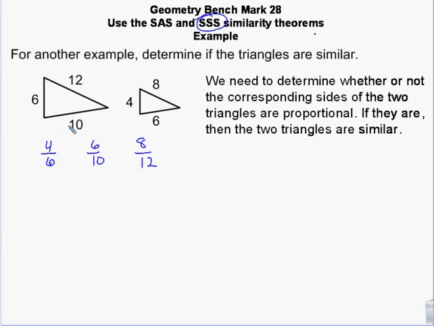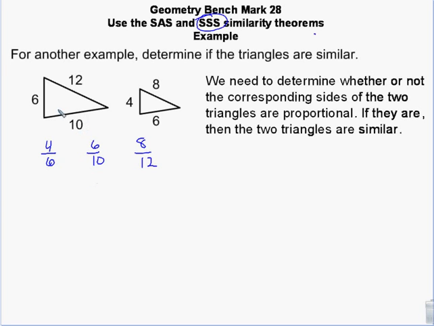And then I need to cross multiply the first and the last to make sure all 3 are in proportion, or I need to get all of these into an equivalent form, either a fraction with the same denominator or a decimal. So which would you guys rather do? 3 cross multiplications? You'd rather do the cross multiplications?